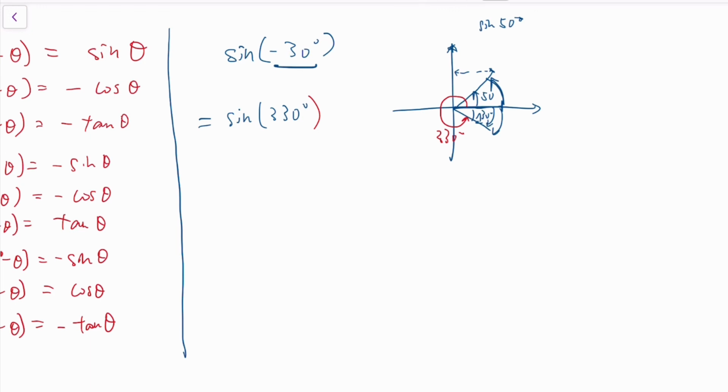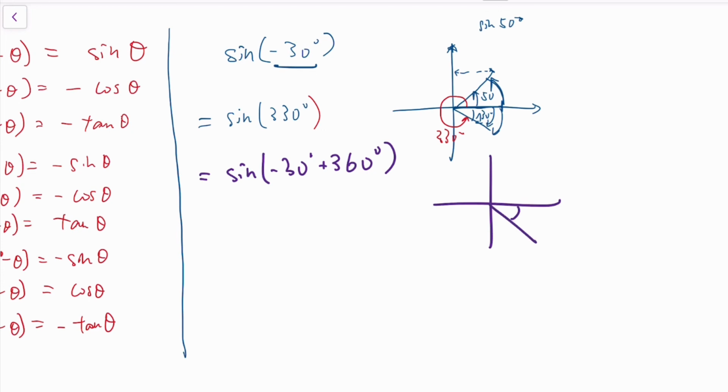Now mathematically, we can calculate that by saying that you can add 360 degrees to any angle. Because what that means is you turn negative 30 degrees, so you turn 30 clockwise, and then you turn a further 360 degrees.